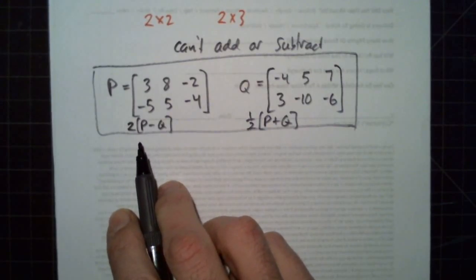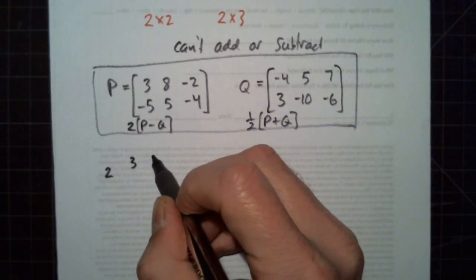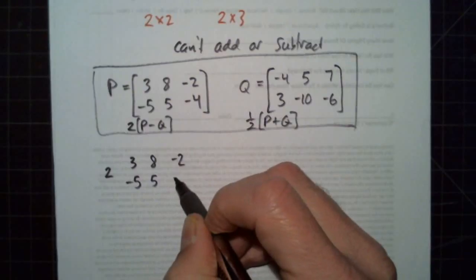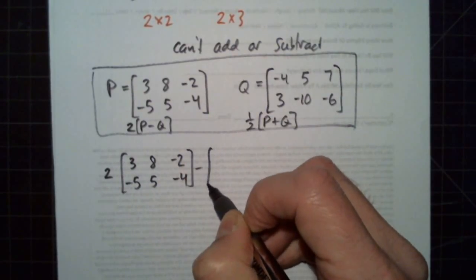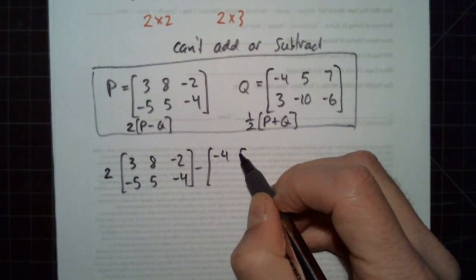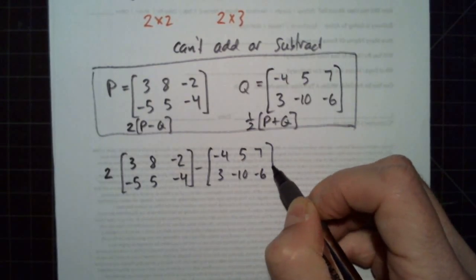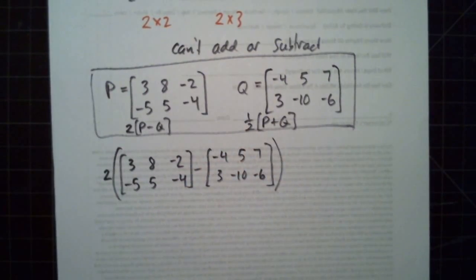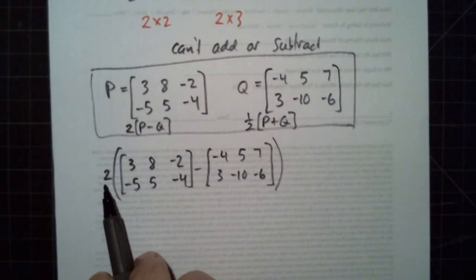So with this one, we can have 2, then we'll copy p, so we can do the subtraction, and then we will multiply.